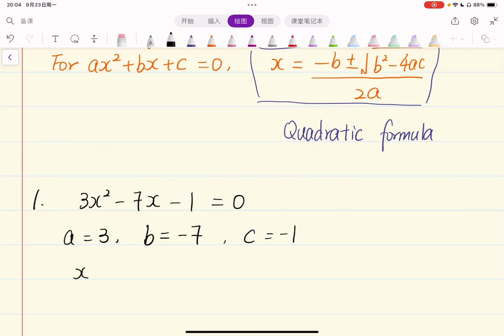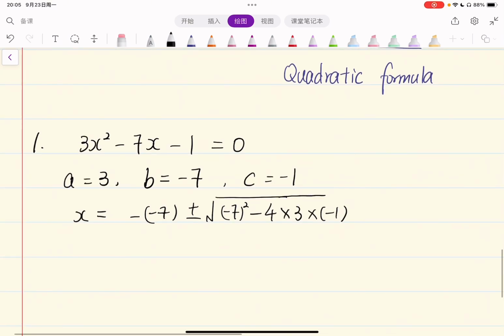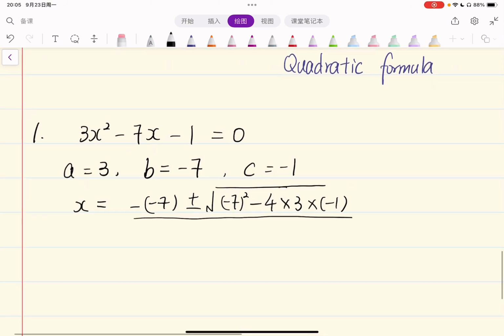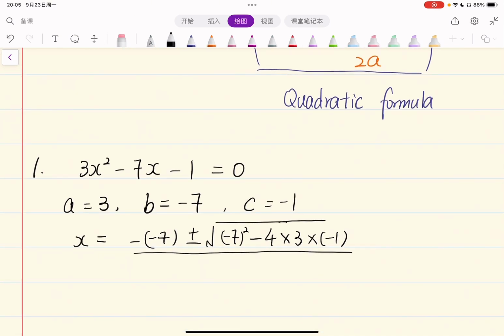We have x equal to minus b, which is -7, plus minus square root of b squared, which is -7 squared, minus 4 times 3 times -1 in the numerator, and in the denominator we have 2a, which is 2 times 3.